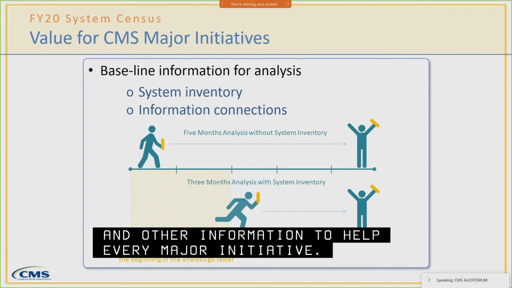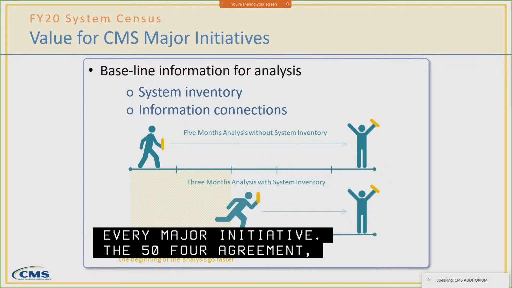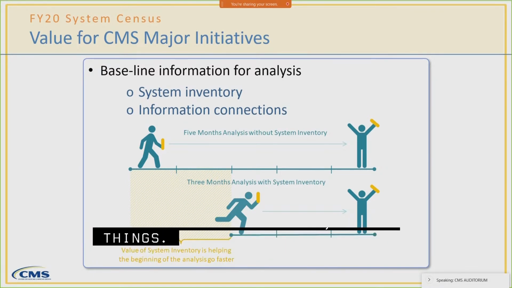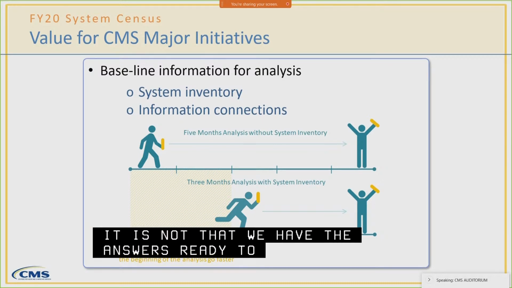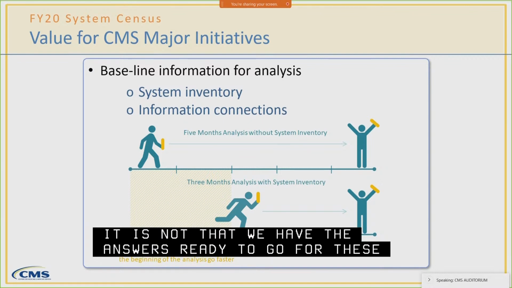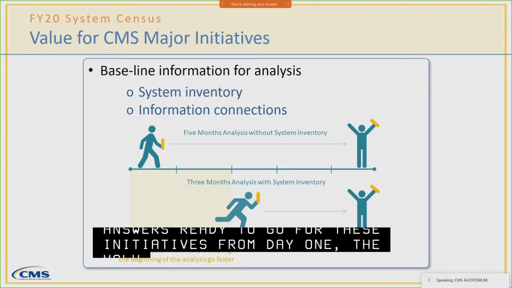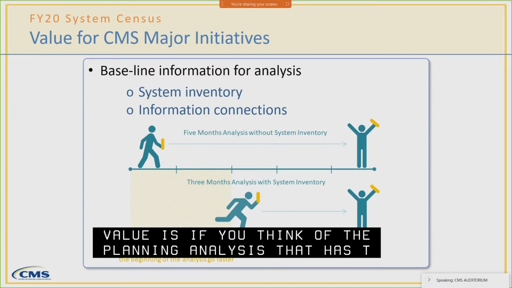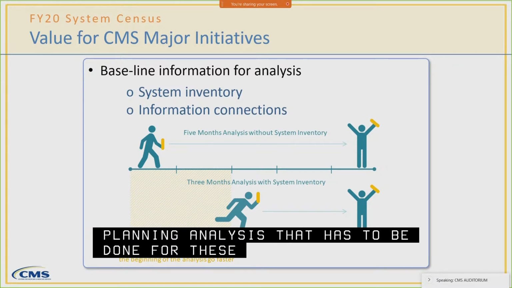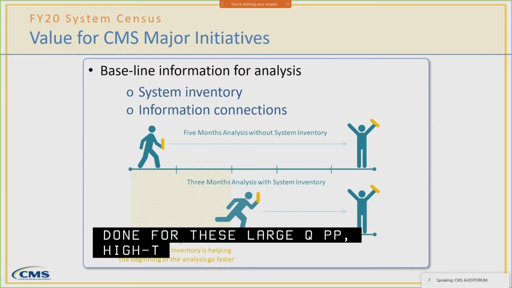The value of our data is not that we have the answers ready to go for these initiatives from day one. The value is that, if you think of the planning analysis that has to be done for these large critical initiatives, QPP, HITECH, these kinds of initiatives, we have baseline data to help start these analyses faster.